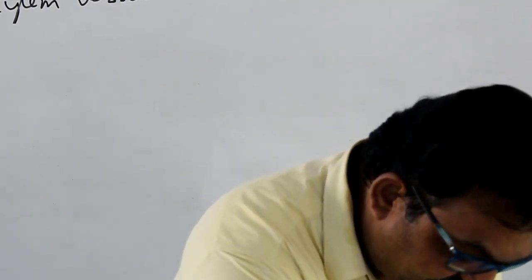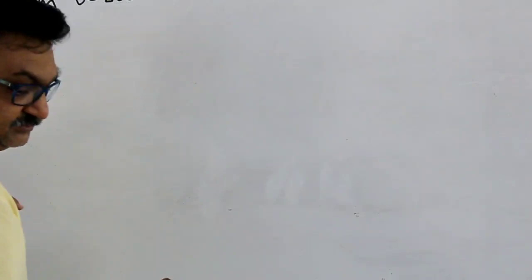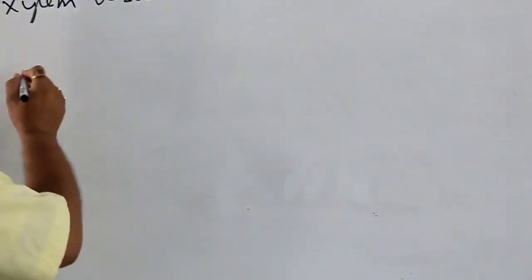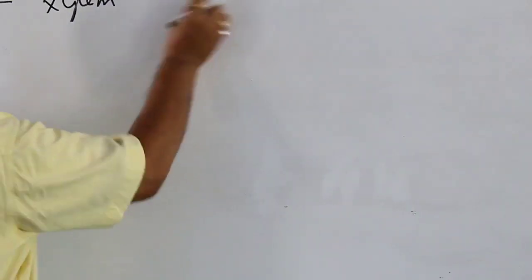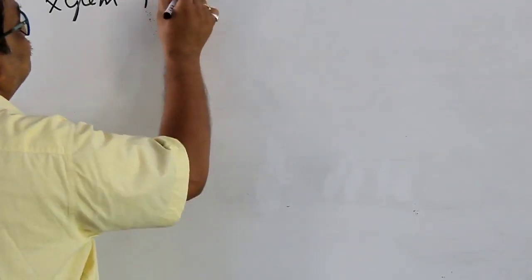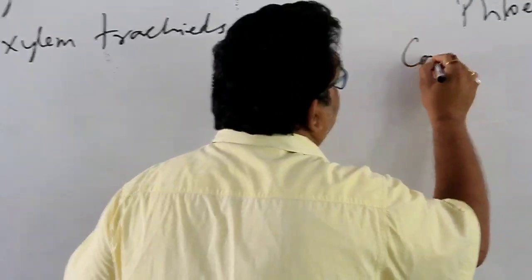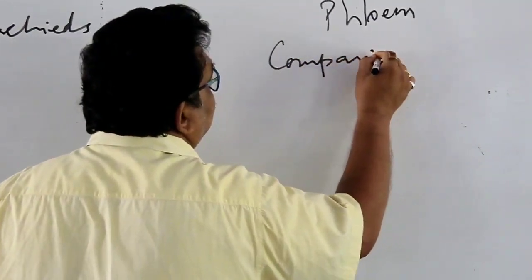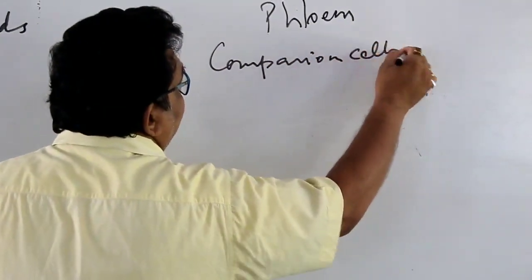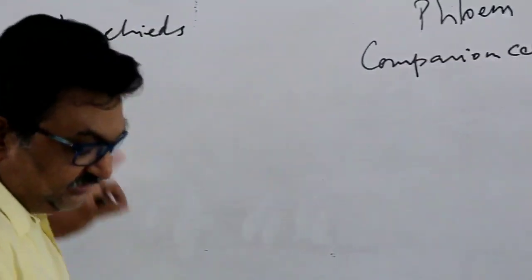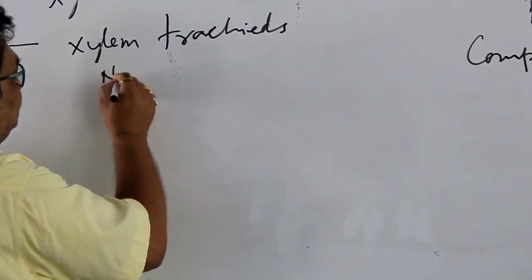is xylem tracheids and companion cells. Right? These are non-living structures.